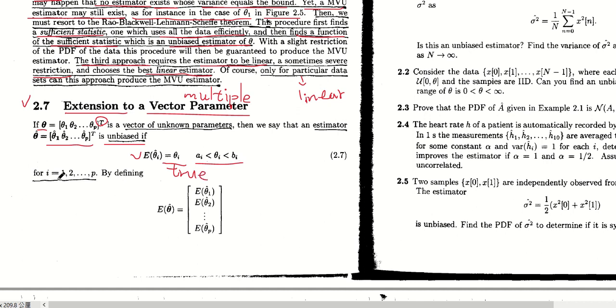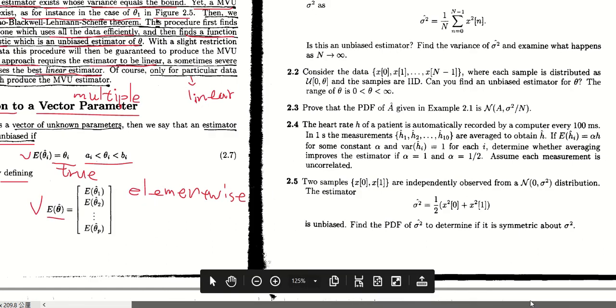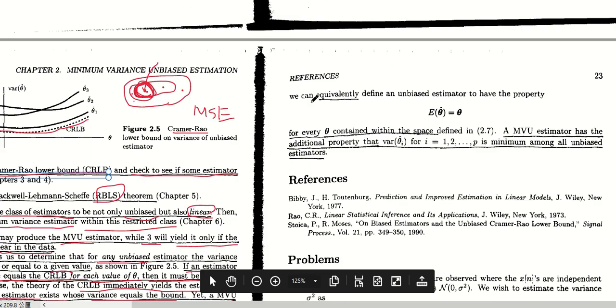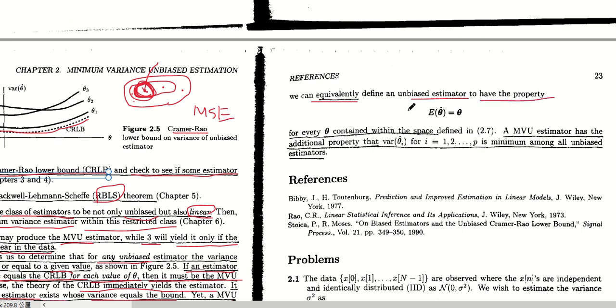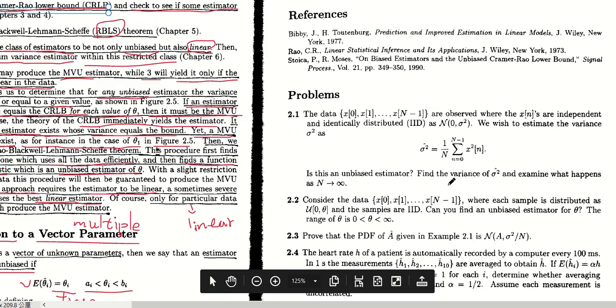If it's equal to the true value, and by defining the expectation of a vector to be element-wise, meaning the expectation of a vector equals the element-wise expectation for each element, then we can equivalently define an unbiased estimator to have the property that the expectation of this equals the element-wise true value theta 1, theta 2, and so on up to theta p, meaning that the first one equals the first, the second equals the second, the third, up to the p-th.